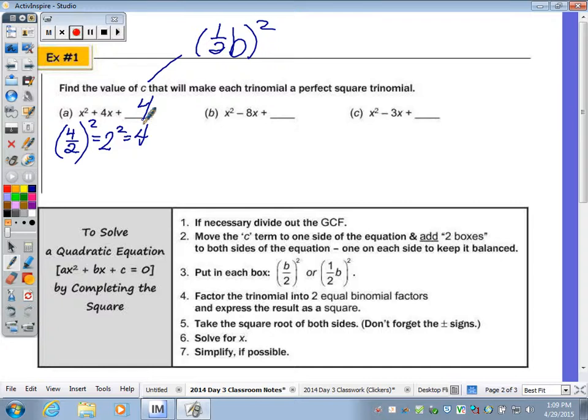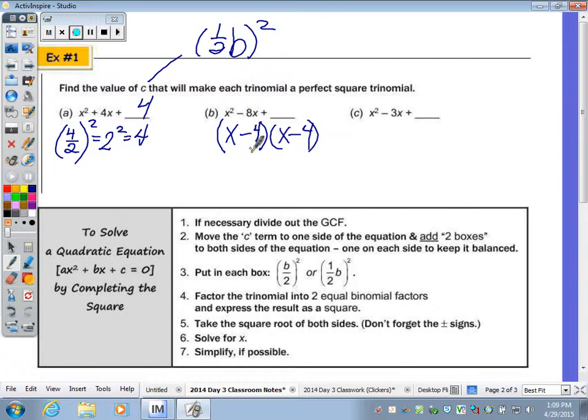Another way you can do it, and this is the way that I do it myself, I don't memorize that it's half of b squared. I start to factor. I know these factors have to be the same, and the sign in the middle is going to be the sign in my binomials. And I know that these two numbers add to 8, and they have to be the same. So it must be 4 and 4. Negative 4 plus negative 4 is negative 8.